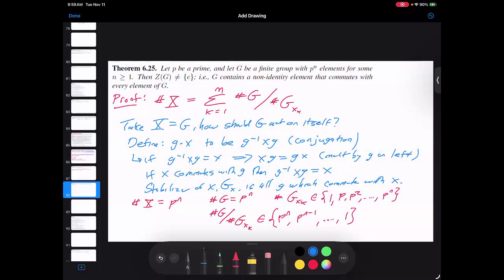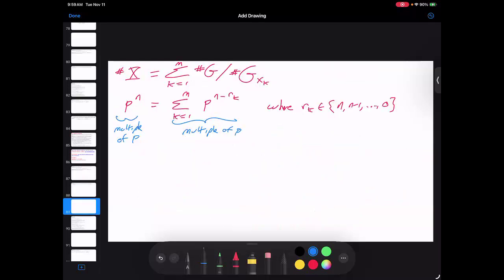So this ratio is going to be either p to the n minus 1, all the way down to 1. What's the only time that ratio is not a multiple of p? 1. And so what would it mean not to be a multiple of p? So a term p to the n minus rk, which would be the size of G divided by the size of the stabilizer of xk, is not a multiple of p only when the size of the stabilizer equals p to the n.